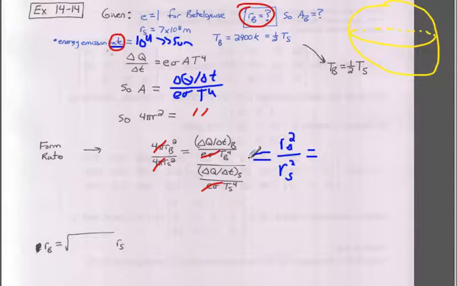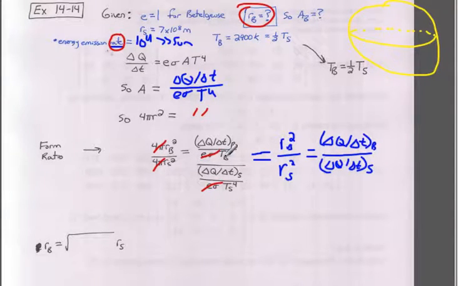So what's going to be left is, well, let's just write it down. The heat emission rate of Betelgeuse divided by the heat emission rate of our sun.